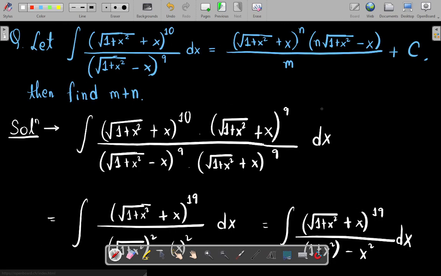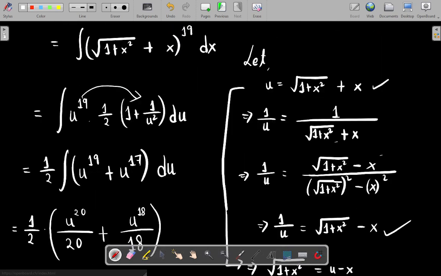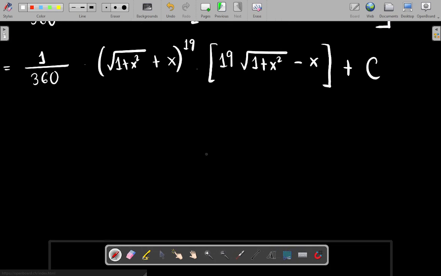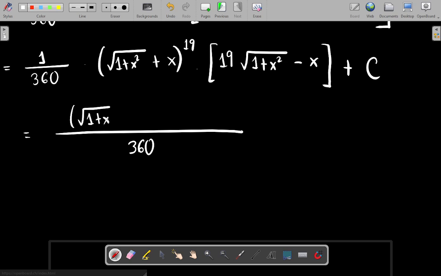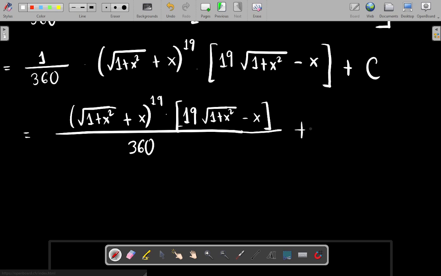Okay, so now let us compare this with the given format. If we write it with taking this 360 together in the denominator, the format now becomes square root of 1 plus x square plus x whole to the power 19 times 19 times square root of 1 plus x square minus x, plus c.